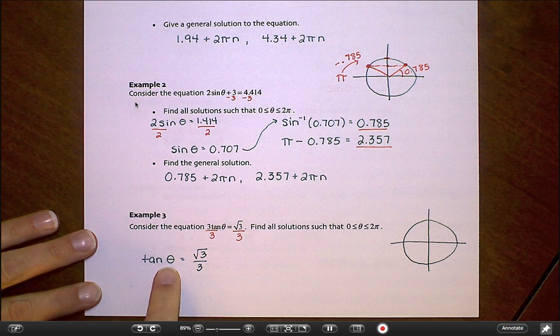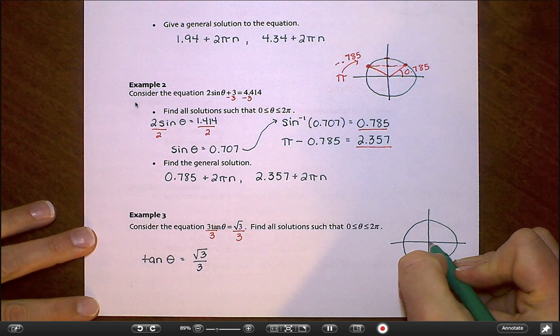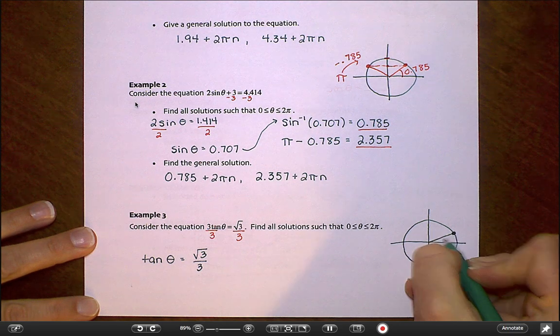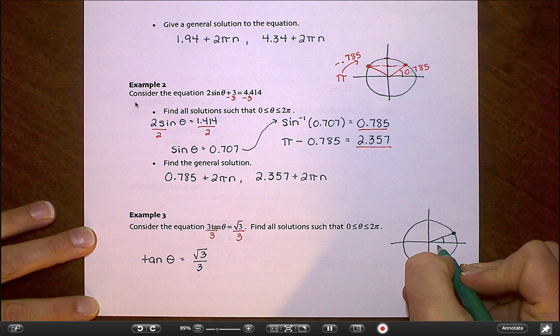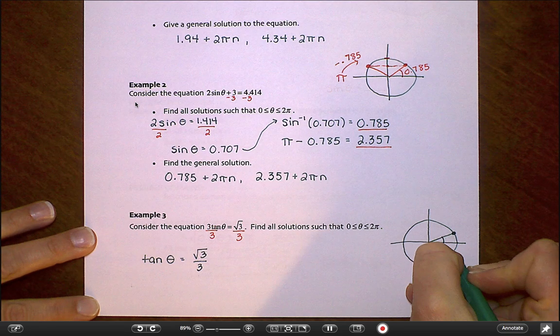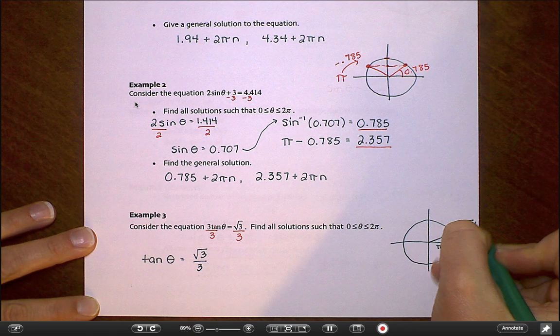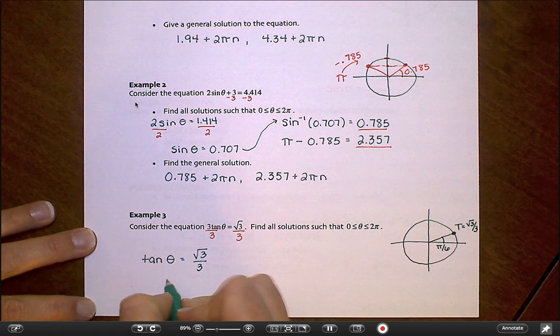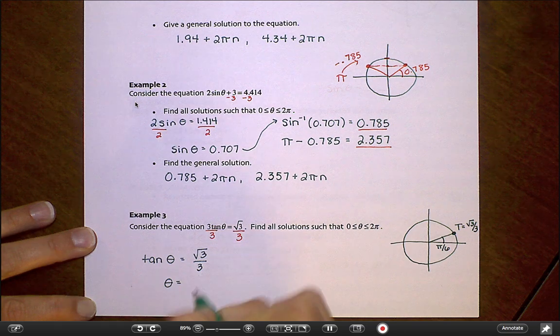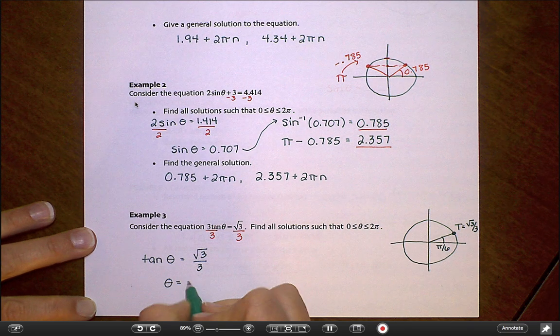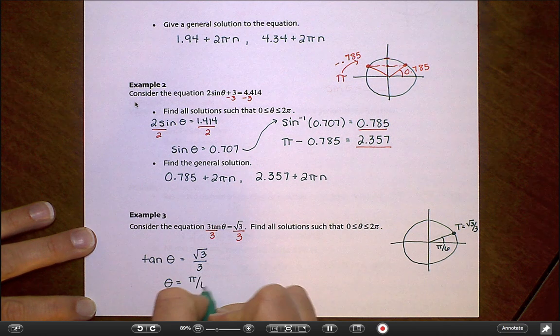I know that tangent of theta is square root of 3 over 3 at, I almost said 30 degrees, but we're living in radians, so this would be pi over 6. So at pi over 6, I recognize that tangent. I know for sure that the tangent is square root of 3 over 3 when theta is pi over 6.